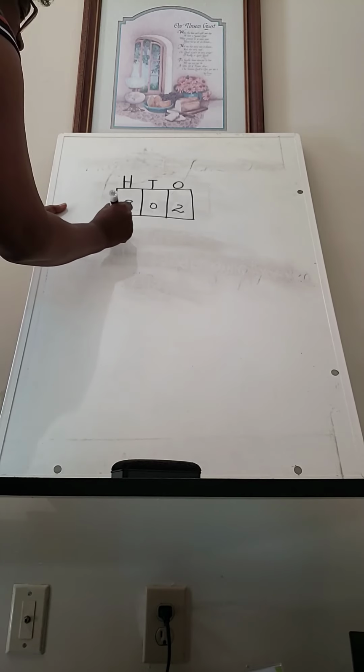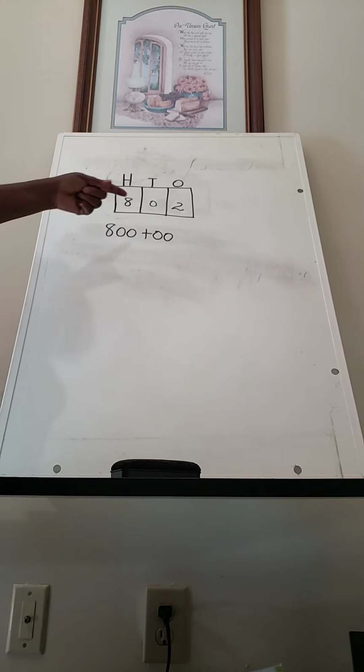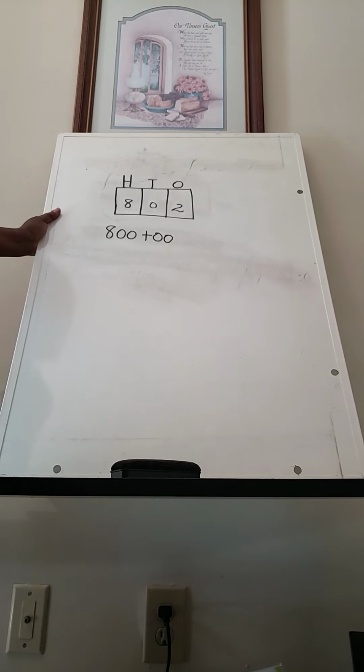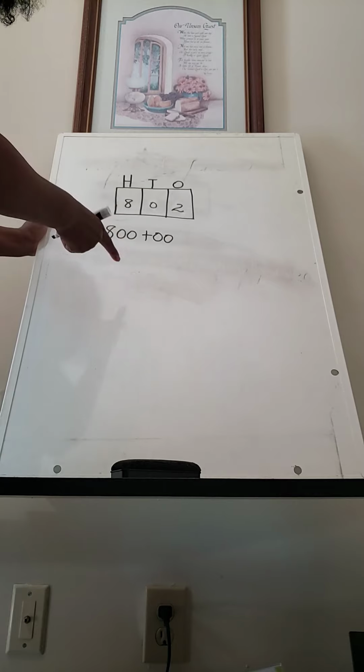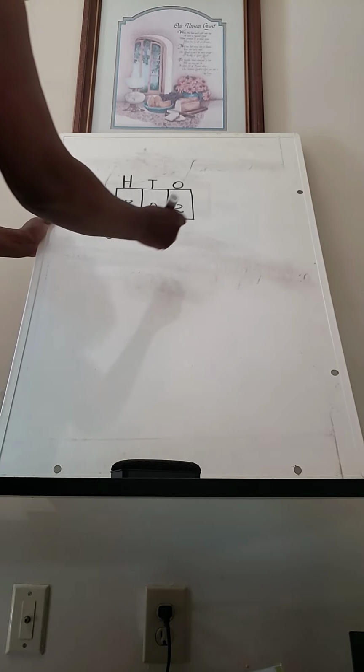It would be 800 plus 2 zeros. Why do we have 2 zeros here? Because remember, when we're writing tens, we have 2 digits make up our tens. Tens go from 10 to 99. So this represents the 2 digits that we should have in our tens place when we are writing the number in expanded form. And we have plus 2 ones.